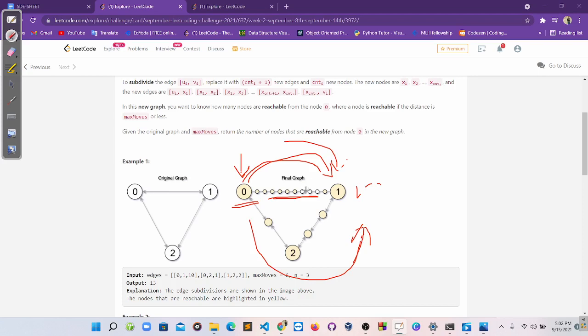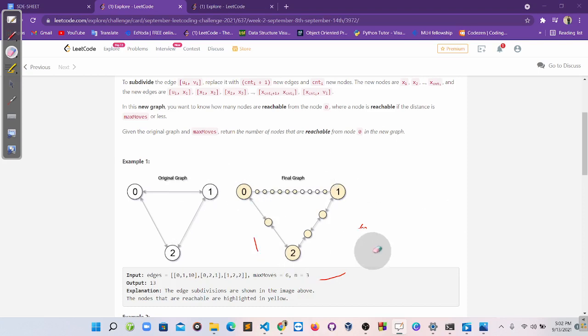So we can use that concept actually. Okay, this is actually difficult to understand, but yeah, the problem is formulated in that way.